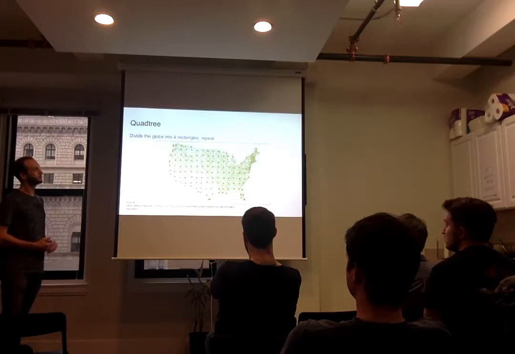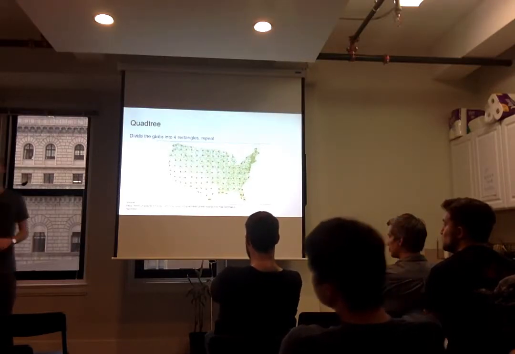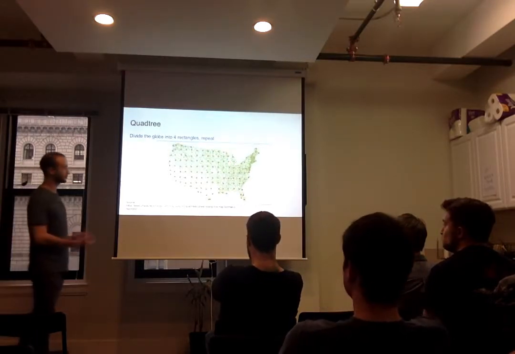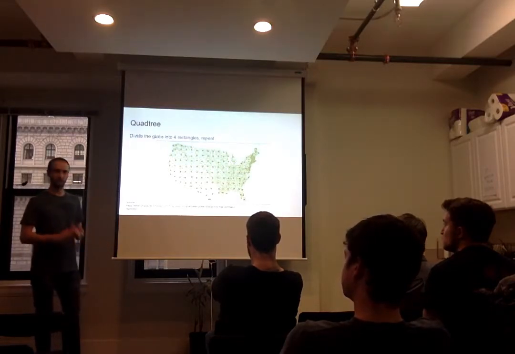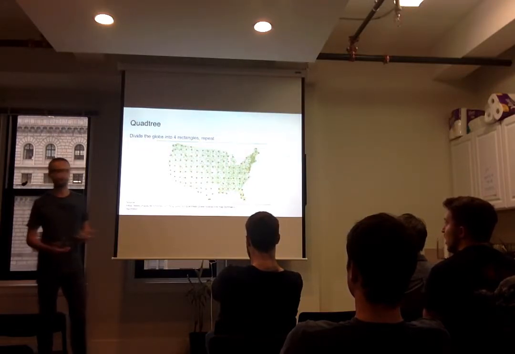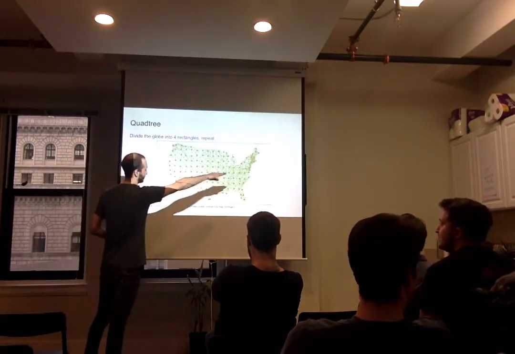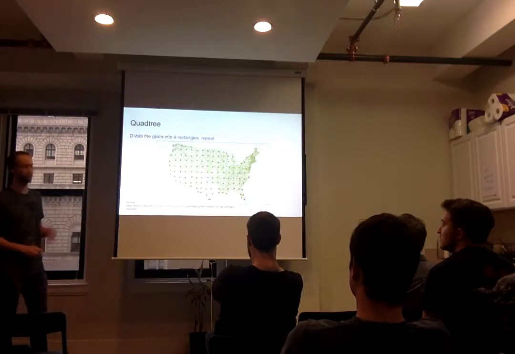Okay, so we're going to step back again and look at one more strategy. This one is a lot simpler than what we talked about before. It's called a quad tree. What we're going to do is take the globe, or in this case the US, and divide it into equal-sized rectangles. We cut it in half, and then recurse, repeat, until we get to some specified depth of the tree.